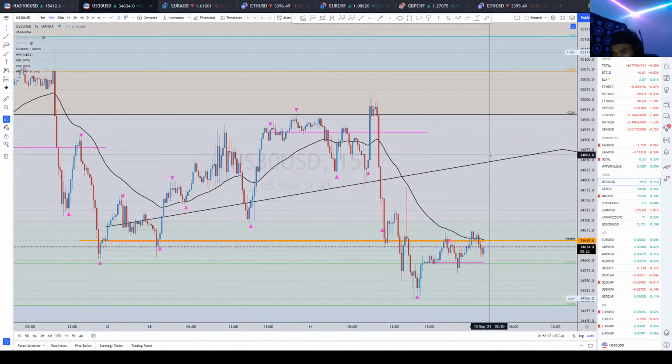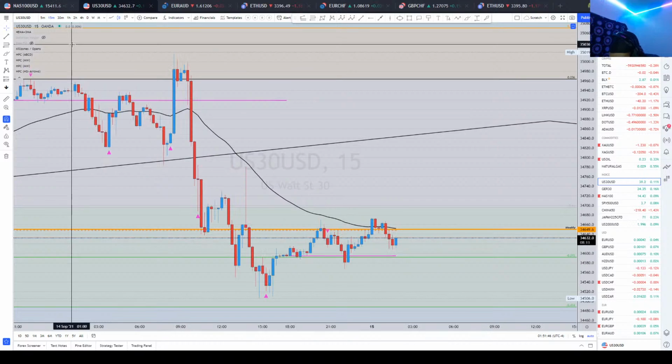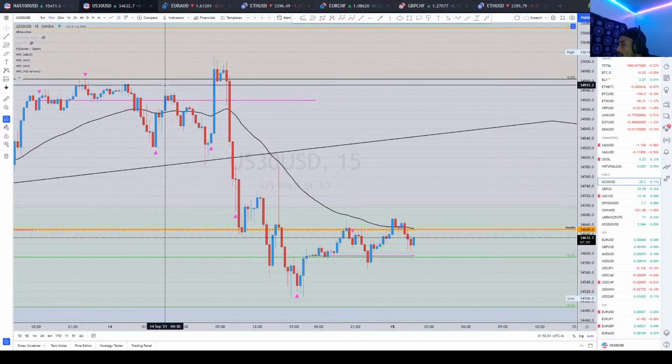Your indices are going to be your main movers, the things that move the market. Not necessarily most movements in the market, but they have an influence.